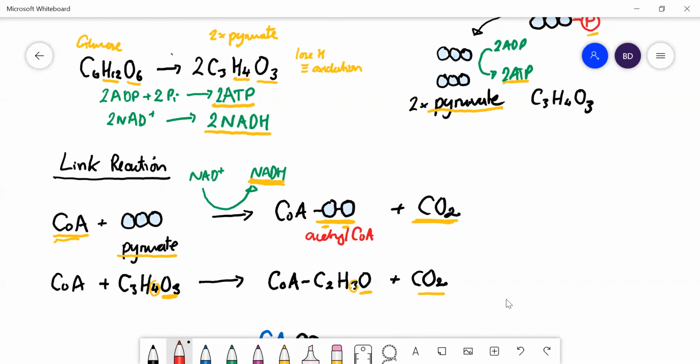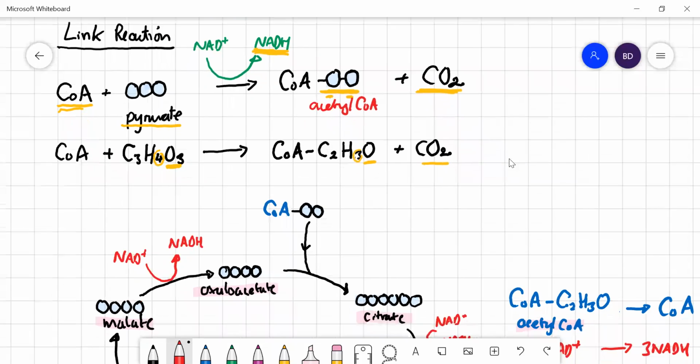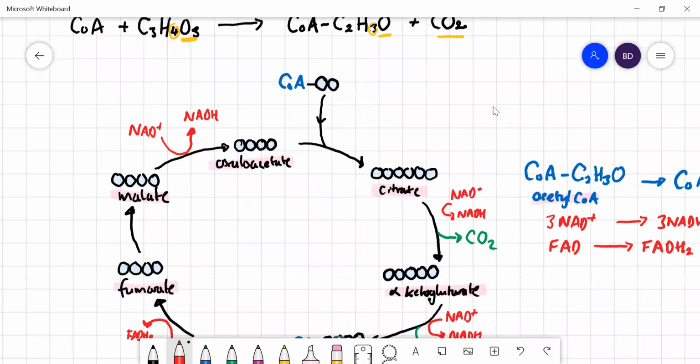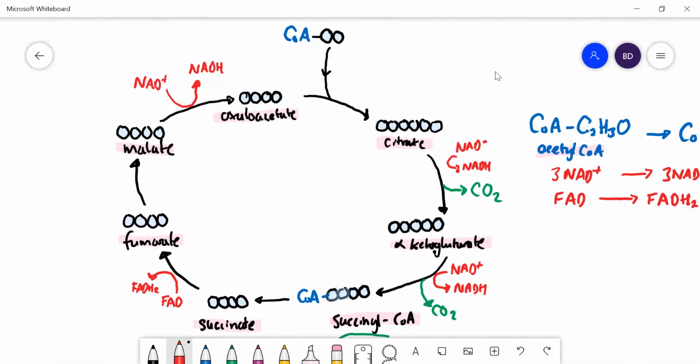Right, this acetyl-CoA molecule has got to feed into the citric acid cycle. And this is the citric acid cycle here. So if you look at it, it's a circle, so we've got the whole thing together. Right, so how does it work then?